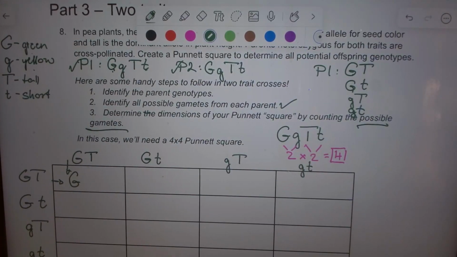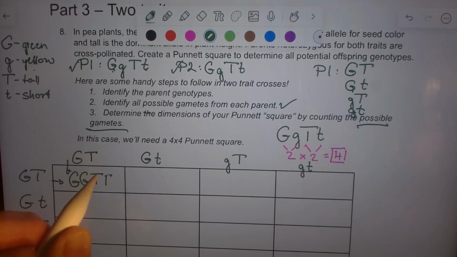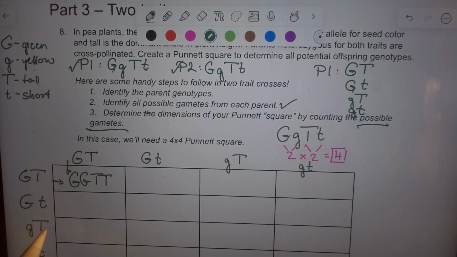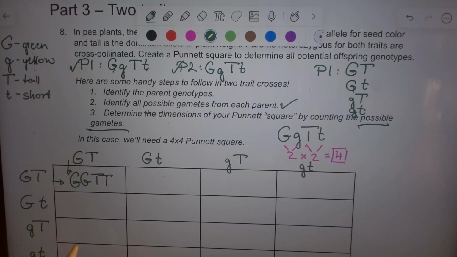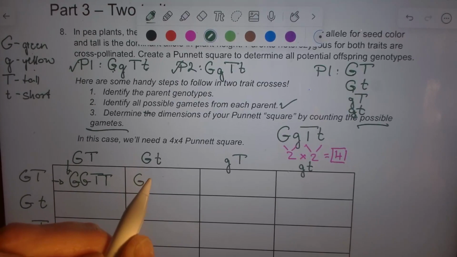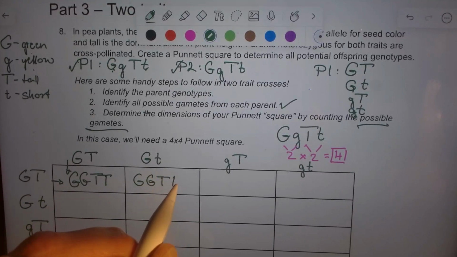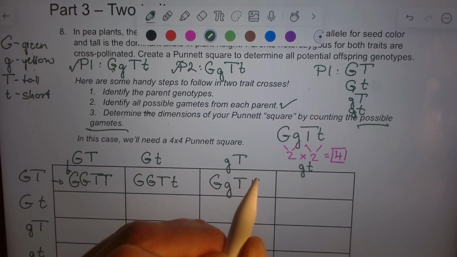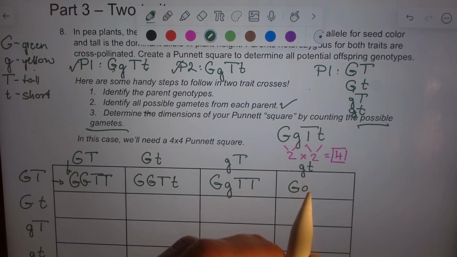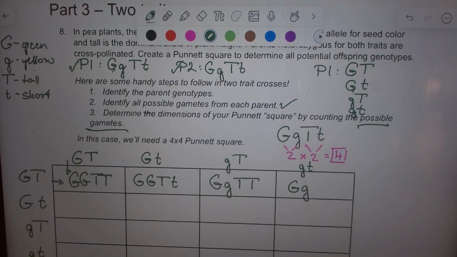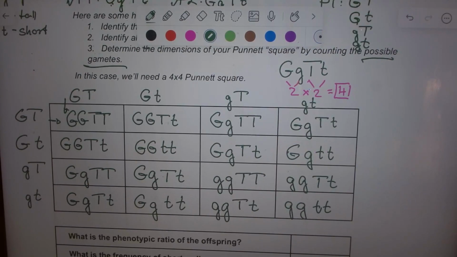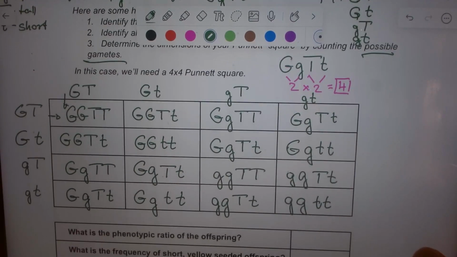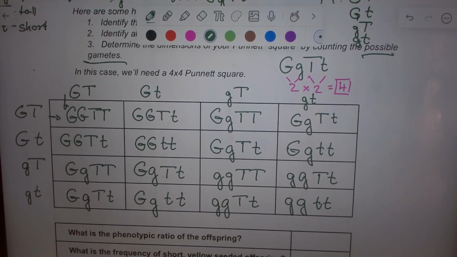What I would do, just sort out the G's first and the T's, and use the capital letter first for that type of letter. So this will be capital G, capital T, lowercase t. I might just pause it and fill. So here is the filled out Punnett square.